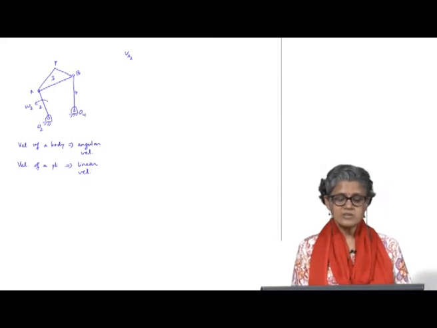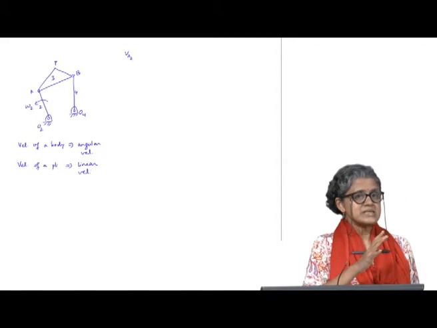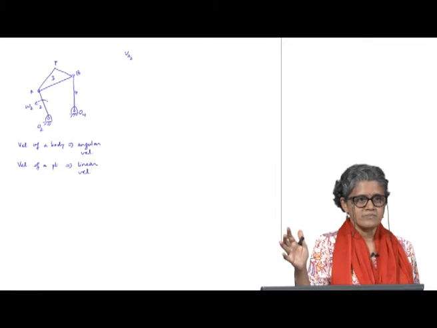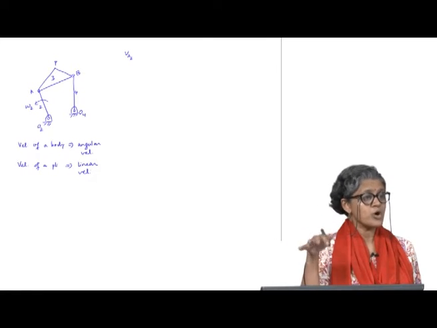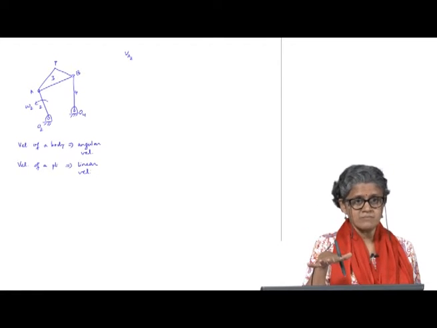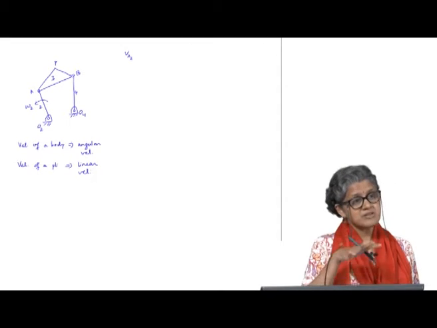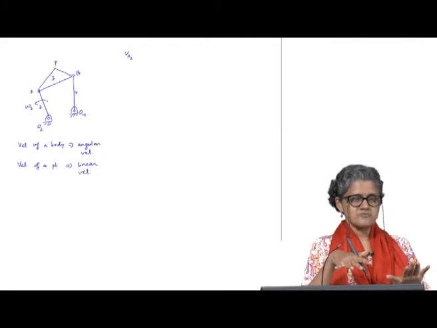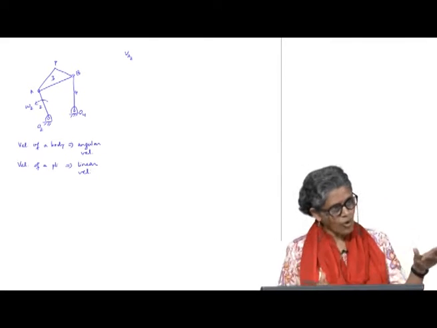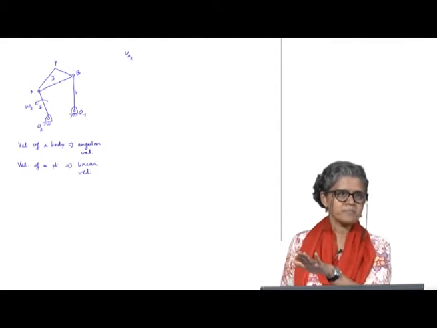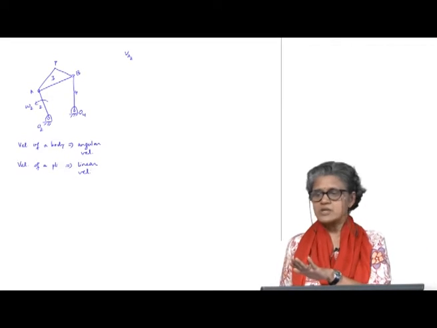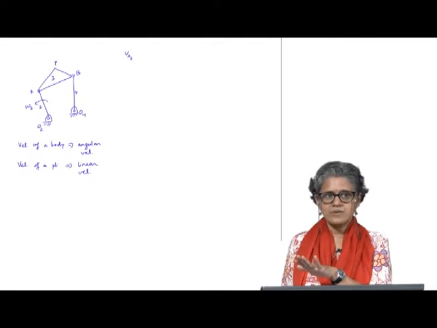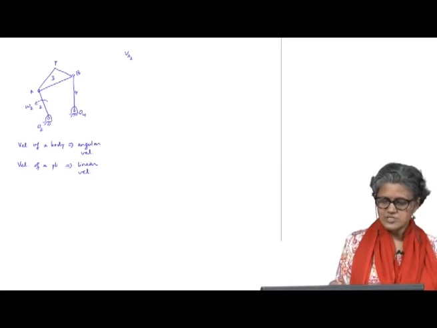You cannot talk about the linear velocity of a body unless it is in translation, because different points on the body, if it is in general plane motion, will have different linear velocities. The only case where I am able to talk about the linear velocity of a body is when all the points in the body have the same velocity, which means the body is in translation.